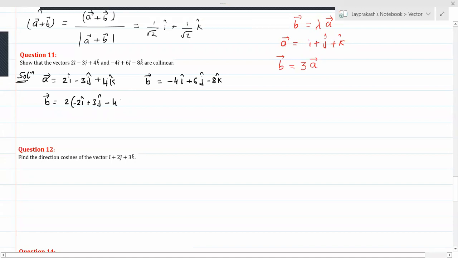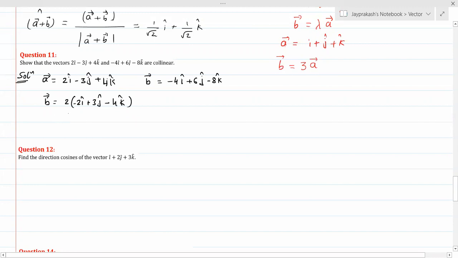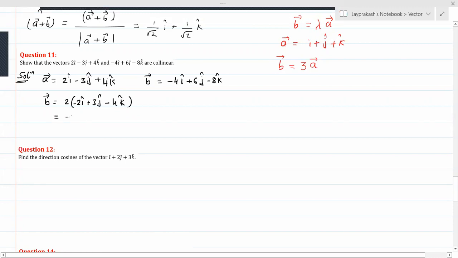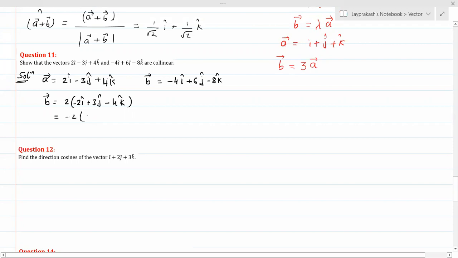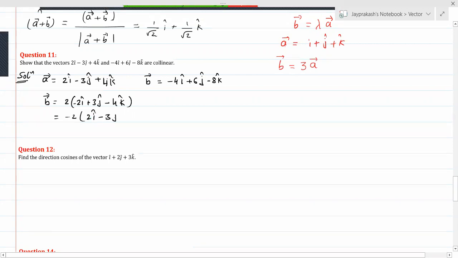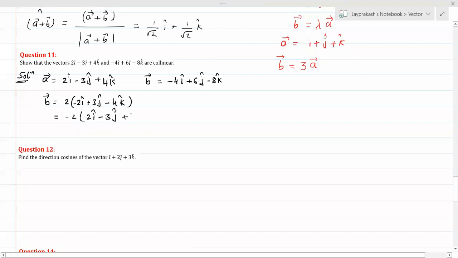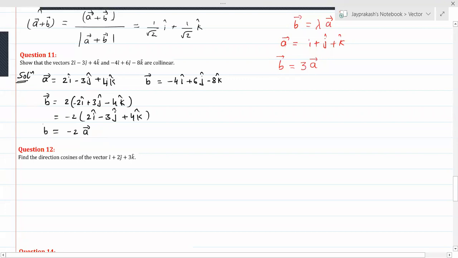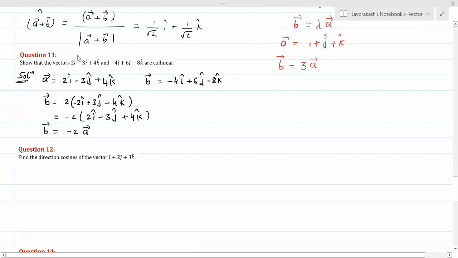But again, the negative sign will be problematic for vector A. So we are now taking the negative 2 common. When the minus is common, we have 2i positive, 3j negative, and 4k positive. So we will write here minus 2 into vector A. So here we have the scalar lambda as minus 2.